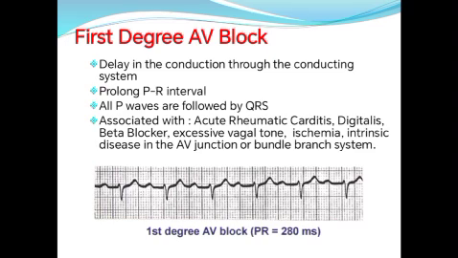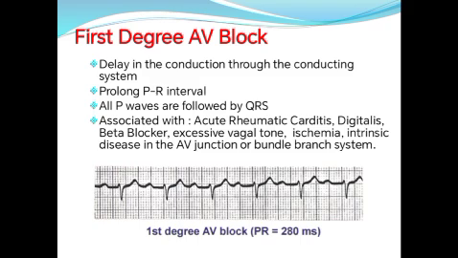In first degree AV block, there will be a delay in the conduction through the conducting system. The impulse goes through the normal conductive system, but it is very slow. So there will be prolongation of the PR interval.